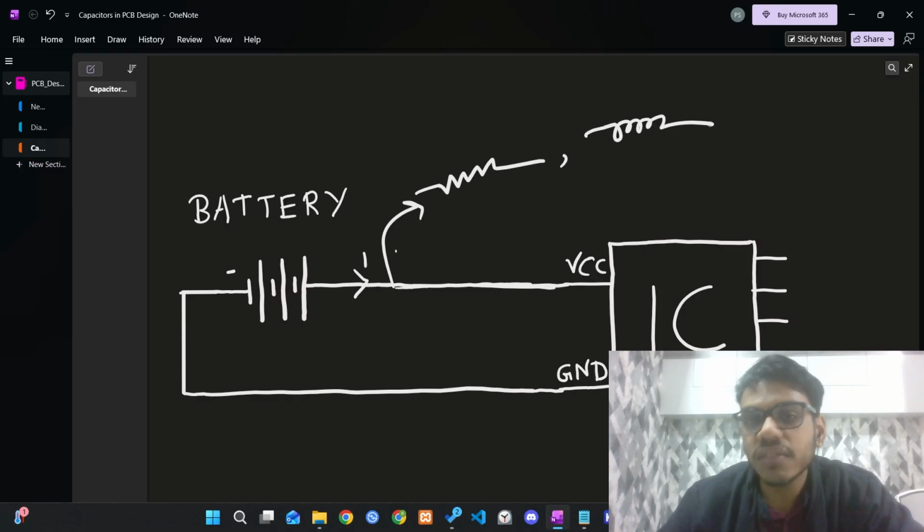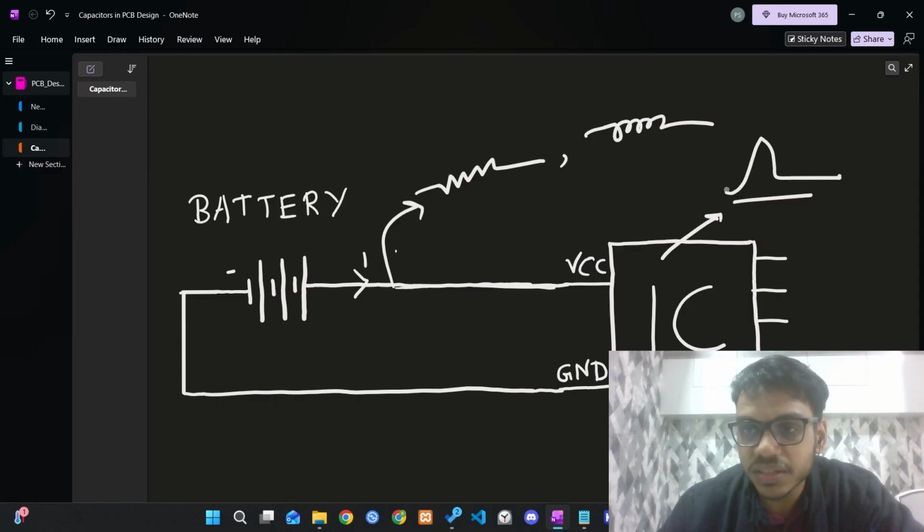And the property of inductance is that it resists sudden change in current. But this IC will require a large amount of current, something like this. So it will require a large amount of current in an instant. But these wires or connectors that we are connecting with the battery will have some resistance and some inductance. So it won't be able to provide this current that this IC instantly needs.